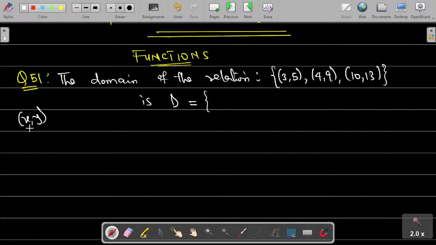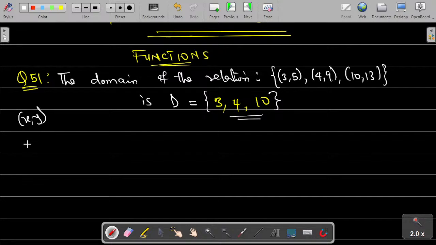That means the first entry is always your x, and the second entry is always your y. So our domain will just include 3, 4, and 10, all the first entries. You close your bracket, and that is the solution for 51, and so we are done.